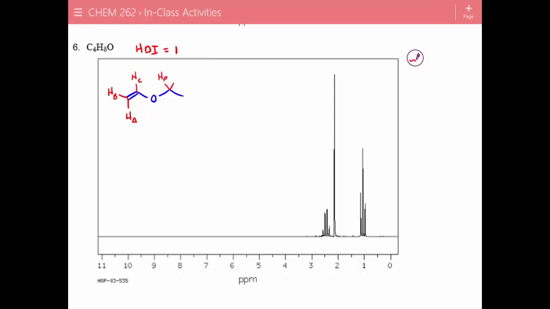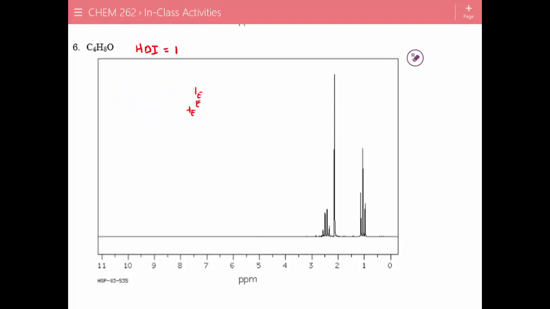And then HD, and then this methyl group over here will be HE. So we could try to make an ether here, but we would have 1, 2, 3, 4, 5 peaks. We're really only observing 3 signals. So we know that immediately we've kind of hit a dead end here.